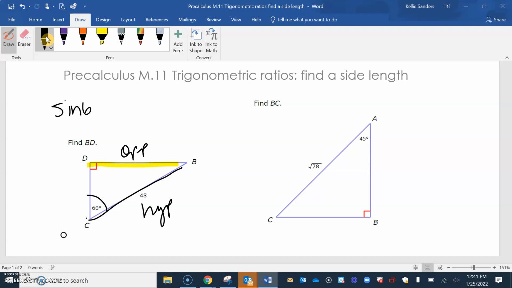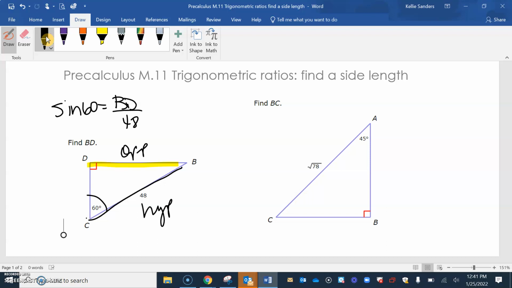So sine 60, because that's the angle that we're looking at, equals BD. I'm just going to keep the letters that we're finding, instead of putting X, Y, or Z. That way we know that we're finished whenever we get there, over 48, because sine is opposite over hypotenuse.